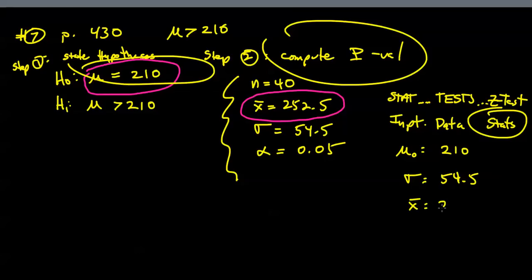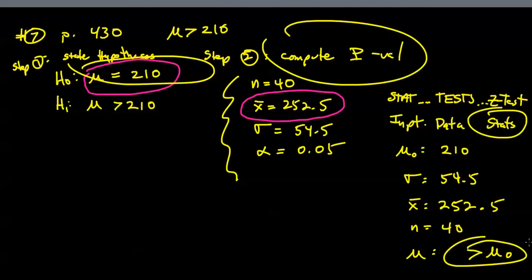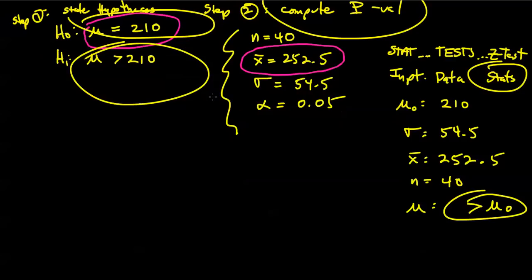X bar, the sample mean, is 252.5 in seconds. The sample size is 40, and for the type of test we will want to pick greater than mu sub 0, because we are in a right-tailed test here. The sign of H1 always determines what type of test. Alright, of course, we'll now highlight calculate and select, and we get the following result screen.